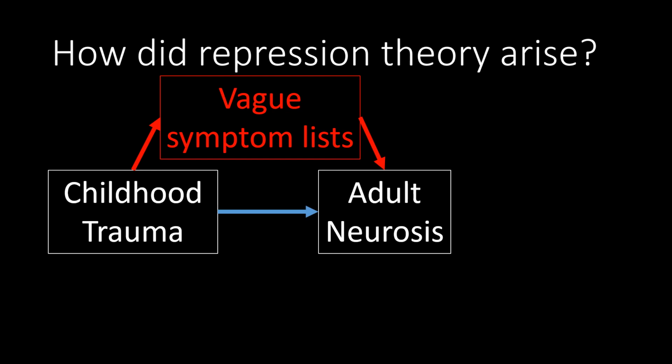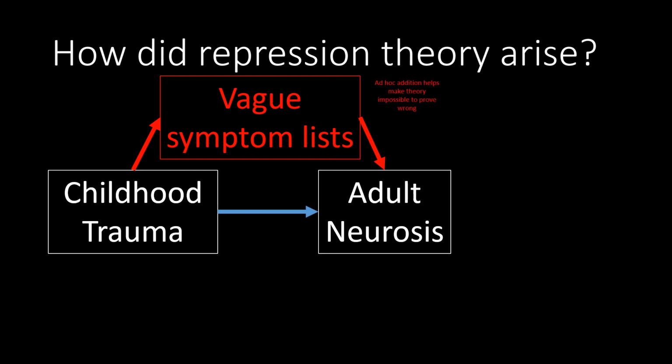This preserves the theory quite strongly. So without this addition, there would be exceptions to the theory, right? There'd be people who had been traumatized, but they had no adult neurosis. Adding this vagueness of symptoms helps block that disconfirming evidence.